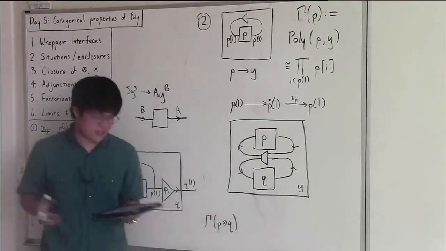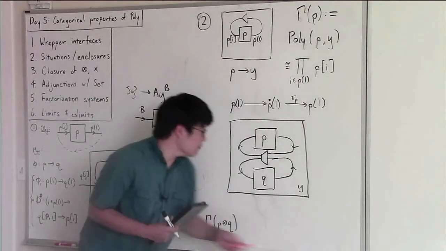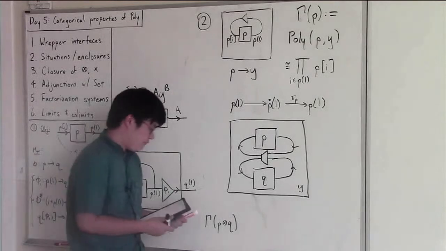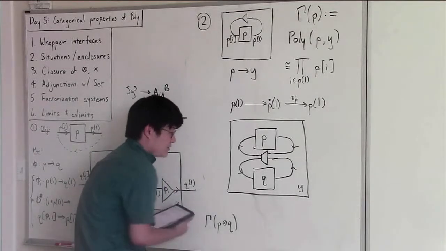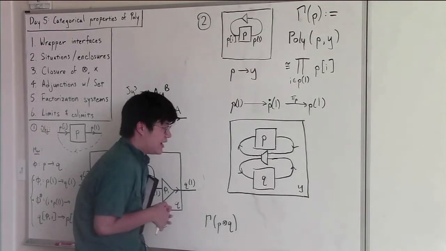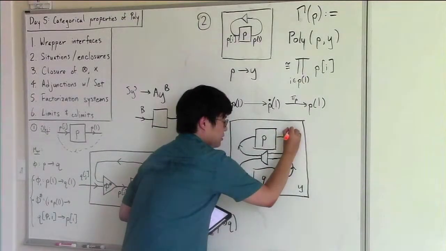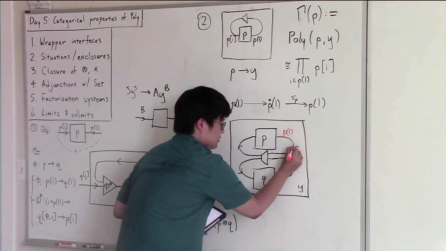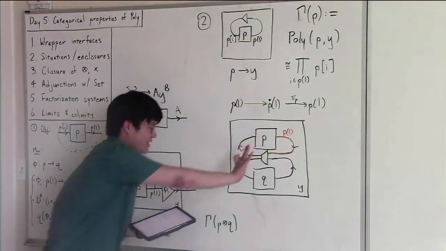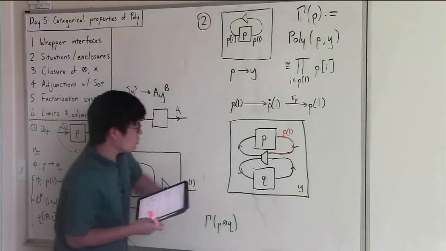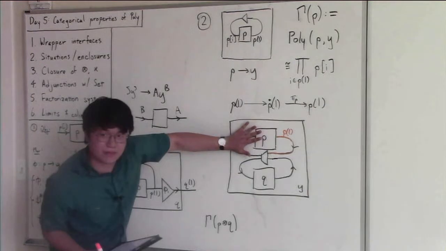interfaces. So for example, if we fix an element of p of 1 here, and we also ignore what's happening to p for now, and look at what happens to q.